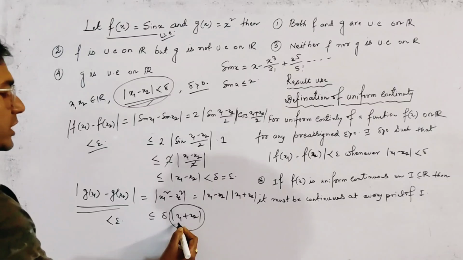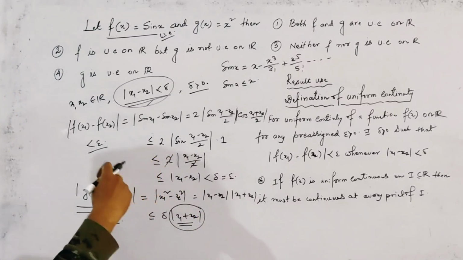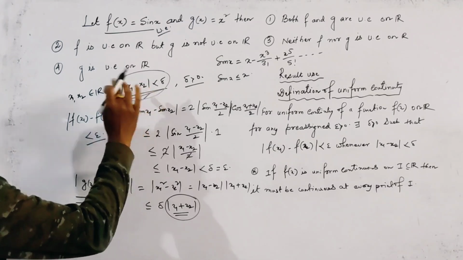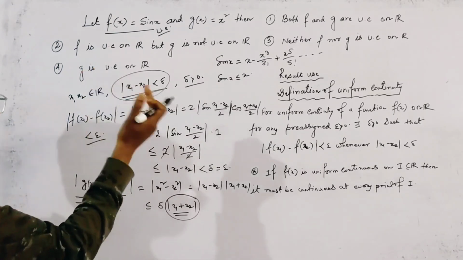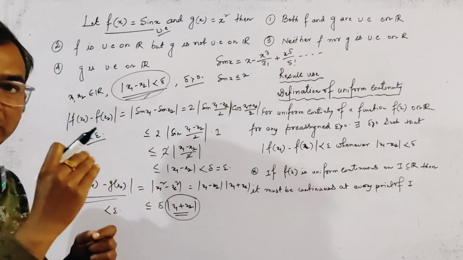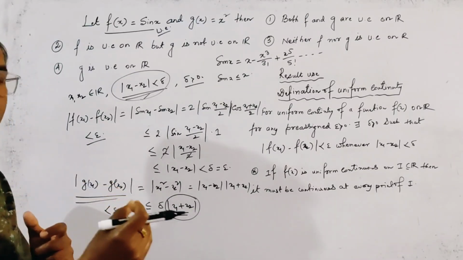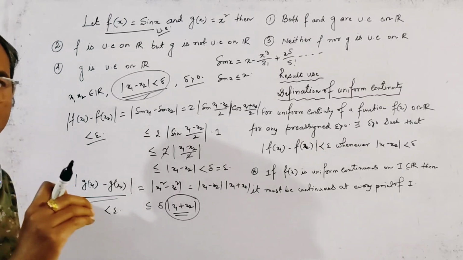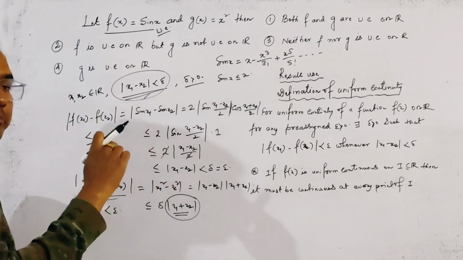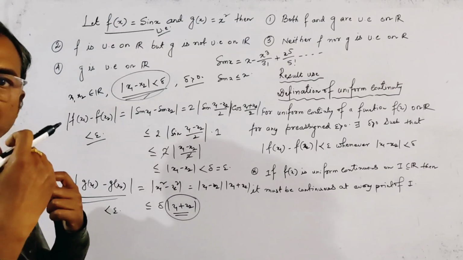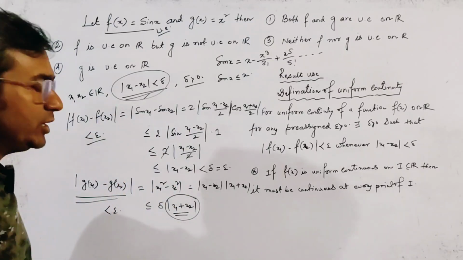If we take two positive numbers or two negative numbers that are very large but nearly equal, then the difference is less than delta and very small. But the sum of these two numbers may not be small; it may be very large.